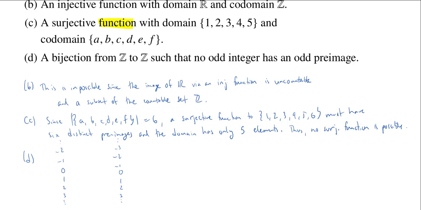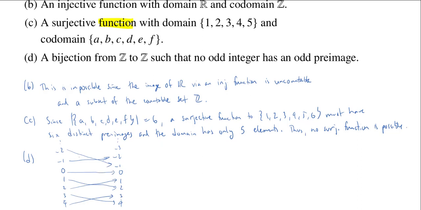What if I just swapped things? So 1 goes to 2 and 2 goes to 1. And then I have a 3 and a 4, I send 3 to 4, and I send 4 to 3. And I do that everywhere except for 0, perhaps. So -1 will go to -2, -2 goes to -1. And 0 I can just send to 0.